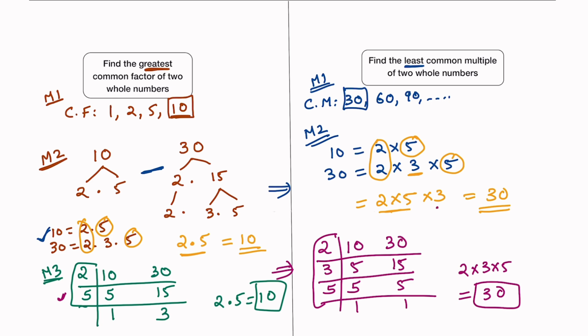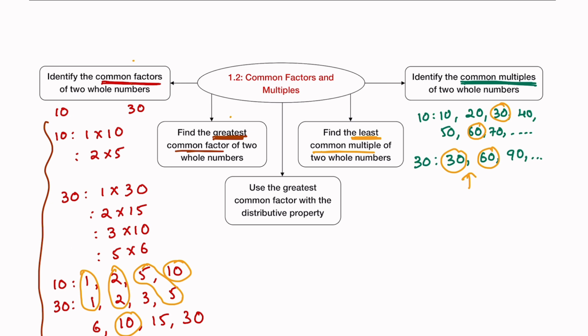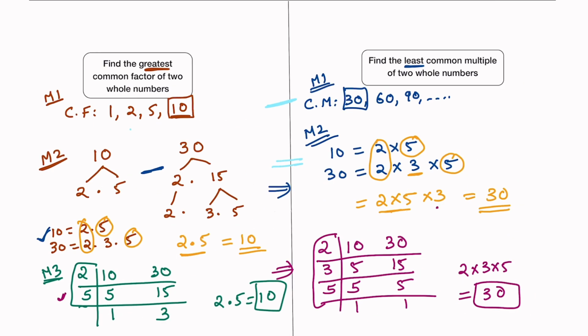See and understand how this is working. In the first method here, we had common factors and we had common multiples, right? So common factors come from this process and common multiple is from this process. In method 2, we are doing the same process, right? The only difference is here we are taking common factors and here we take uncommon as well.